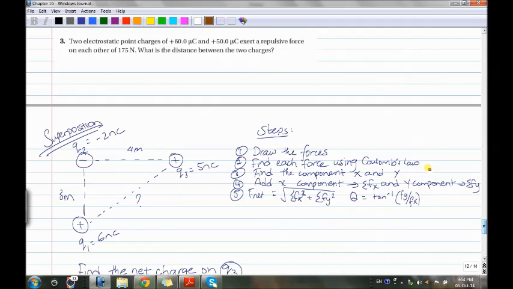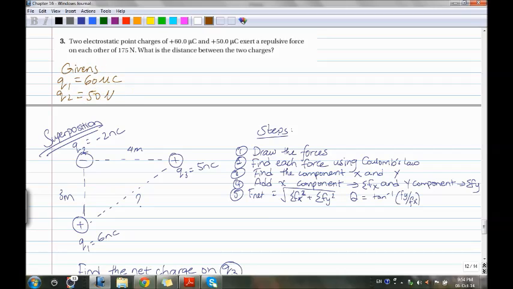Now we move on to question 3. Two electrostatic point charges of 60 microcoulomb and 50 microcoulomb exert a repulsive force on each other of 175 newton. What is the distance between the two charges? So let's take out the givens. Q1 is 60 microcoulomb, Q2 is 50 microcoulomb, both positive.